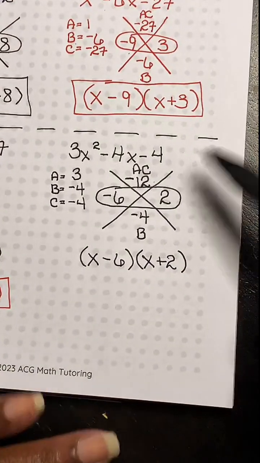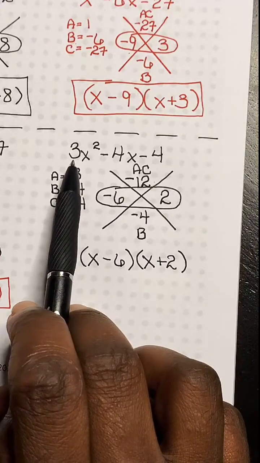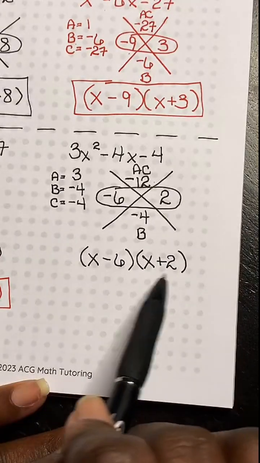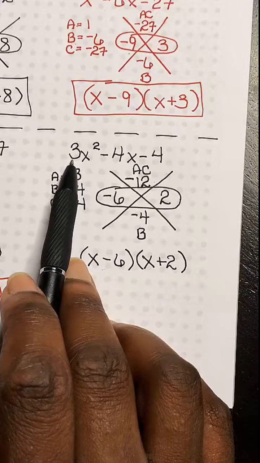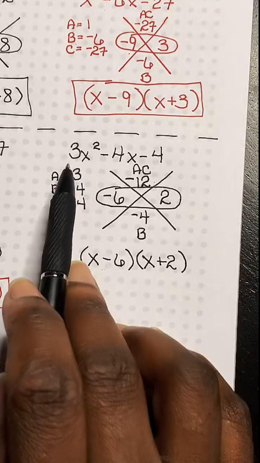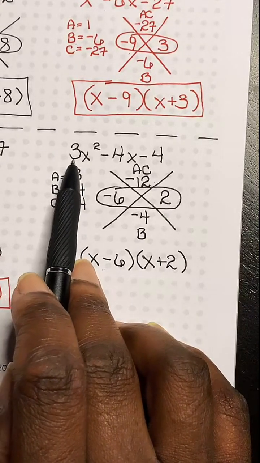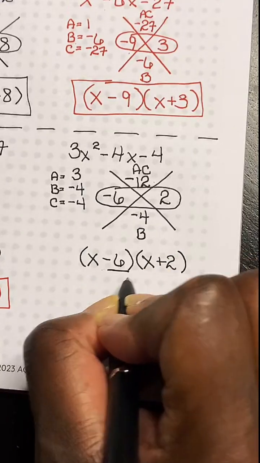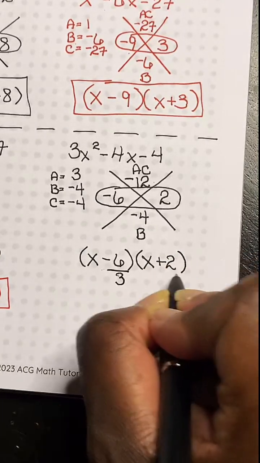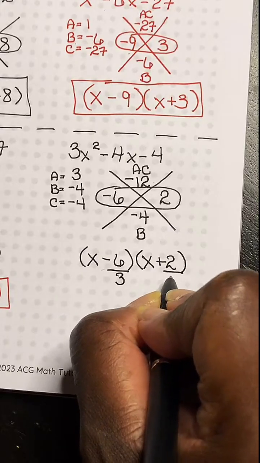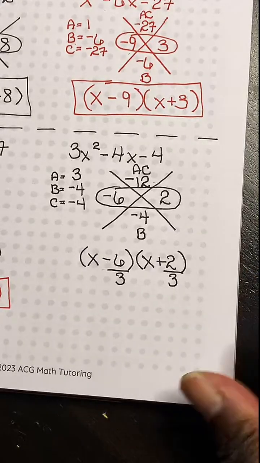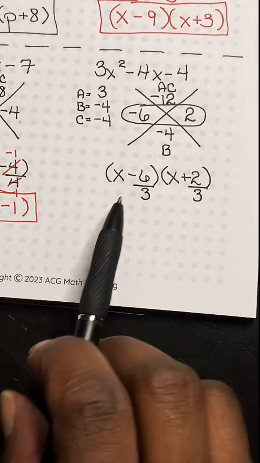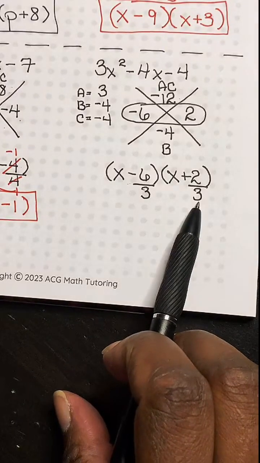But since our leading coefficient is not 1, that can't be my answer. We have to divide this by my A, and my A is 3. So I'm going to divide the 6 by 3 and the 2 by 3. Whatever I do on one parenthesis, I'm going to do on the other.